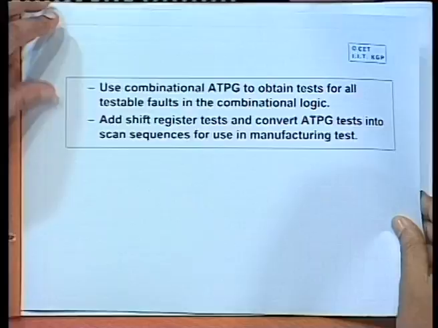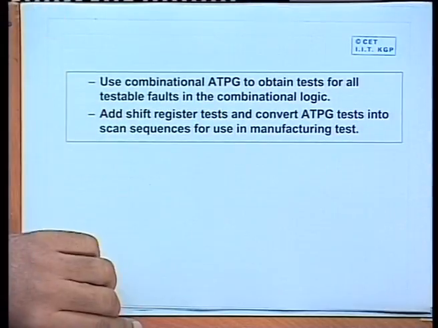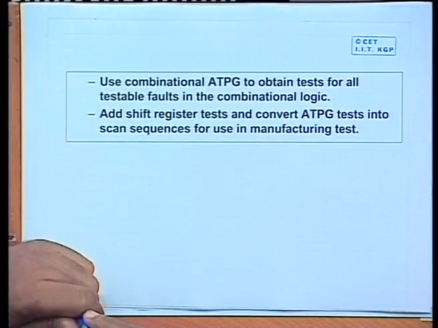So configuring the flip flops as a shift register helps us achieve complete controllability and observability of the individual flip flops. And once we have done this, we have reduced the problem of testing to combinational logic testing.